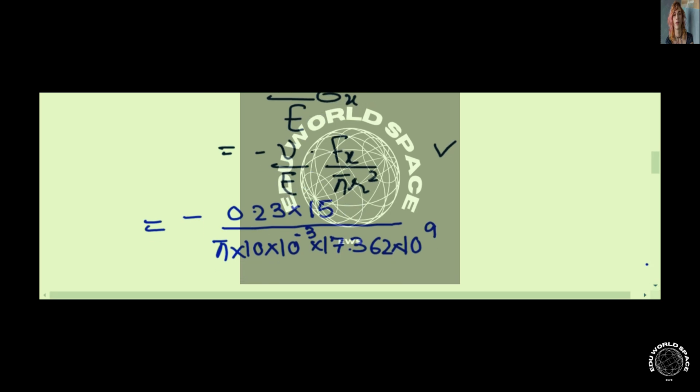This is equal to negative 0.63 into 10 raised to power negative 6.